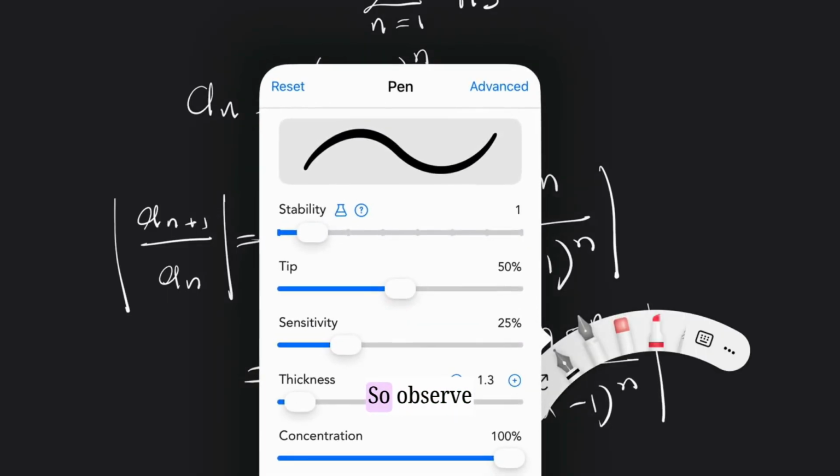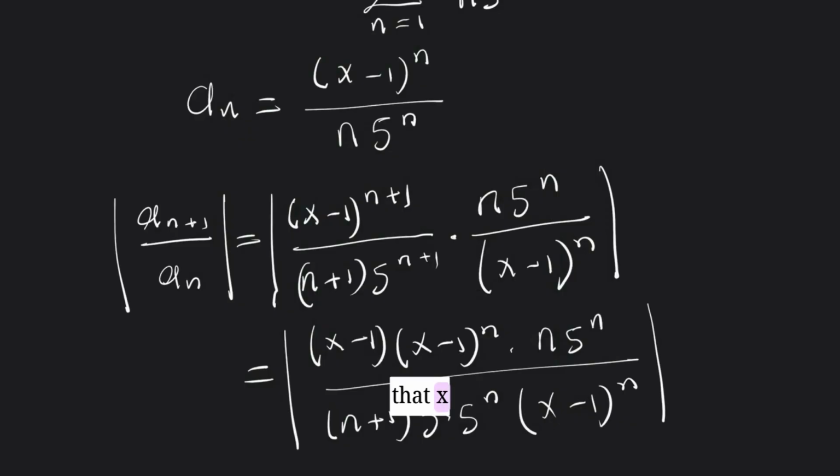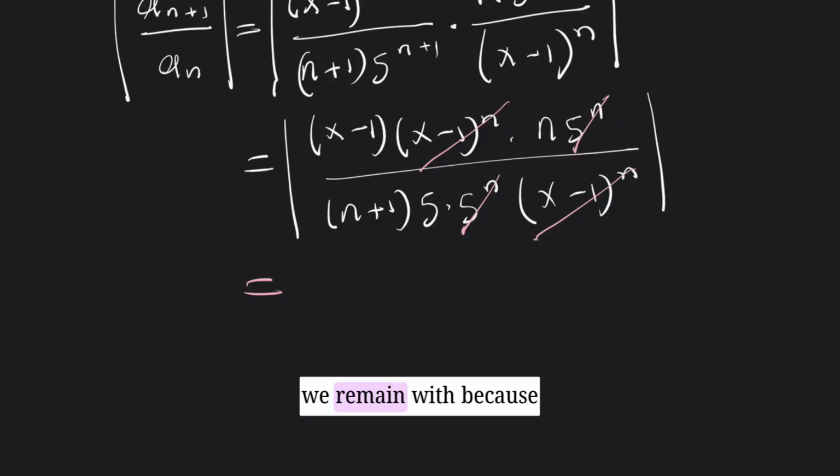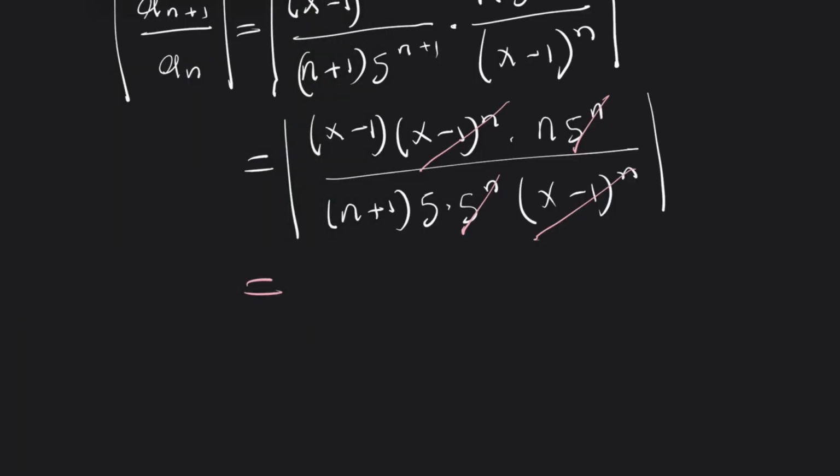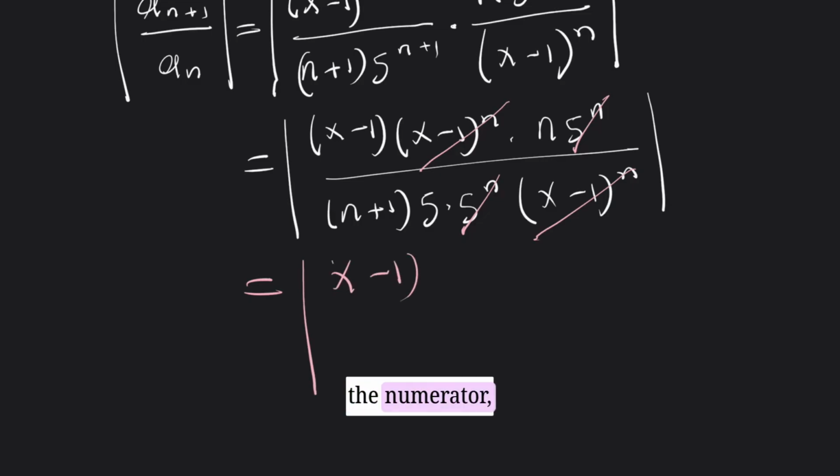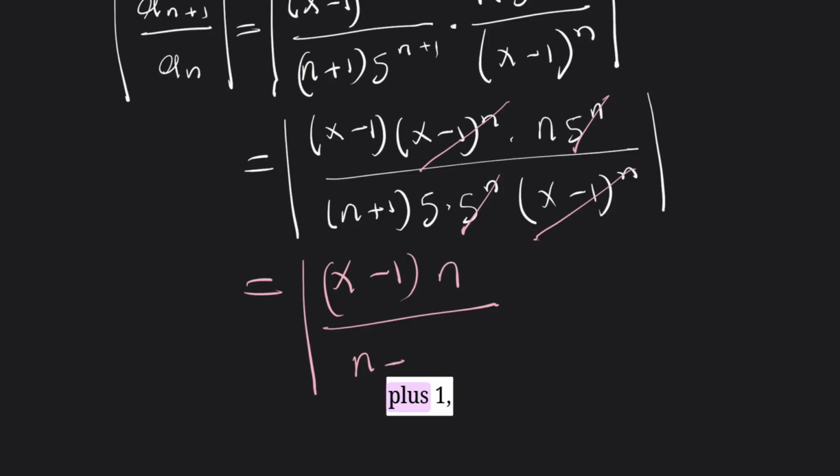So observe that (x minus 1) to the power n and (x minus 1) to the power n is common, and 5 to the power n is common. Because of this, we remain with x minus 1 in the numerator multiplied by n, divided by n plus 1 multiplied by 5 in the denominator.